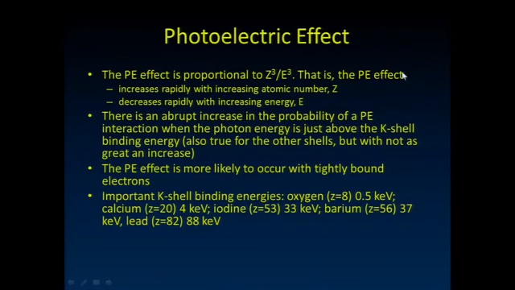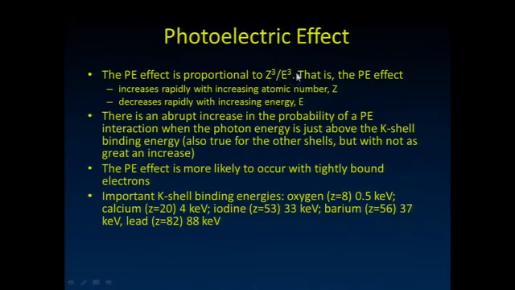The probability that the photoelectric effect is going to occur is roughly proportional to the Z cubed of the material divided by the energy cubed, divided by the energy of the X-ray cubed. So as the energy of the X-ray goes up, this drops off very quickly, right?